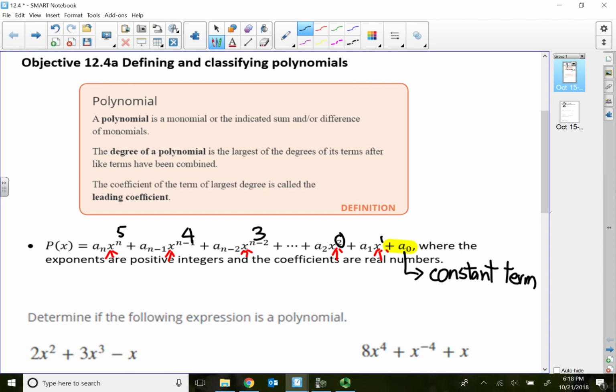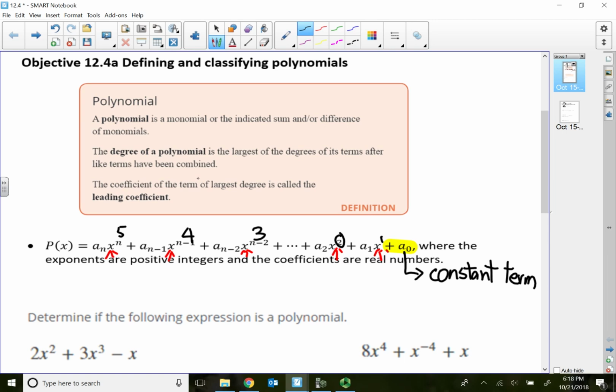All right, the degree of a polynomial refers to the largest exponent of its terms after the like terms have been combined. The highest exponent in a polynomial is considered the degree of the polynomial.